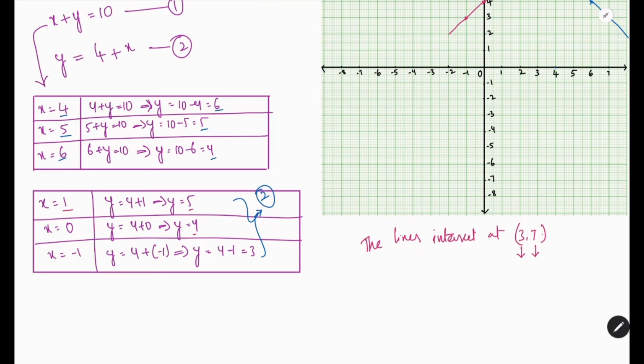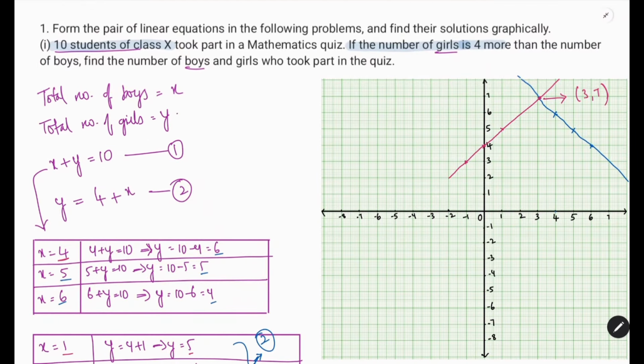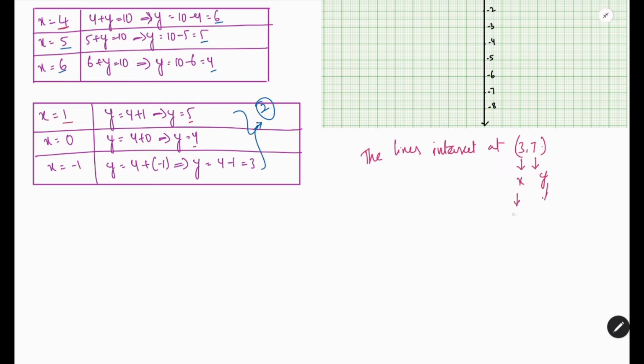Here, for x we have taken boys, and for y we have taken girls. So total number of boys equal to 3 and total number of girls equal to 7.